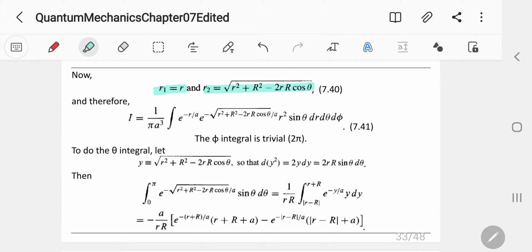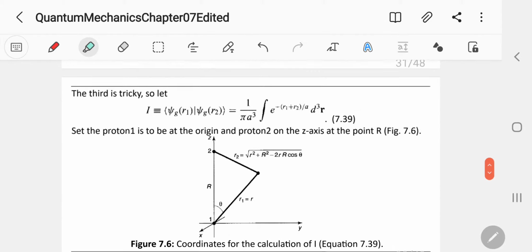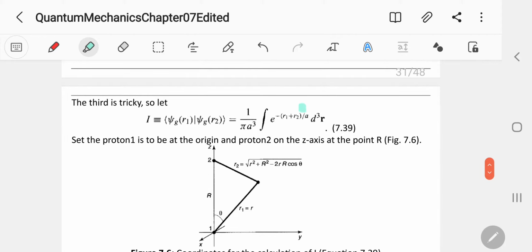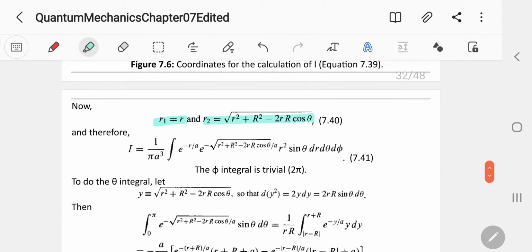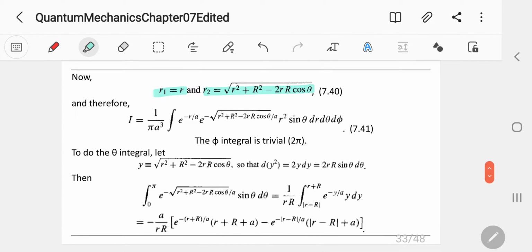So based on the figure, you have r1 equals r and r2 is equal to this expression. So you can rewrite this term to this one. Again, here the integral for phi is trivial because you're considering all space, so phi would just give 2 pi.